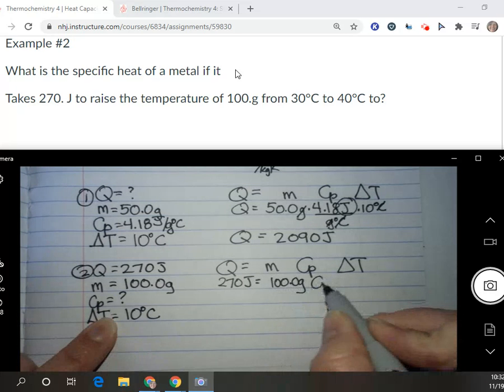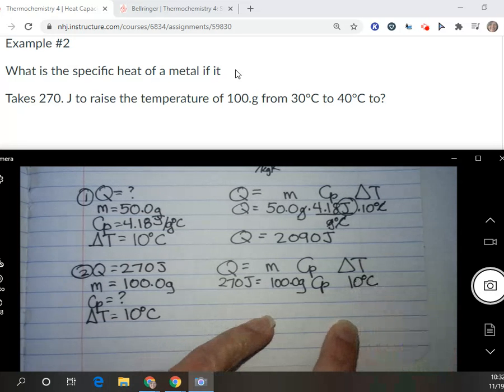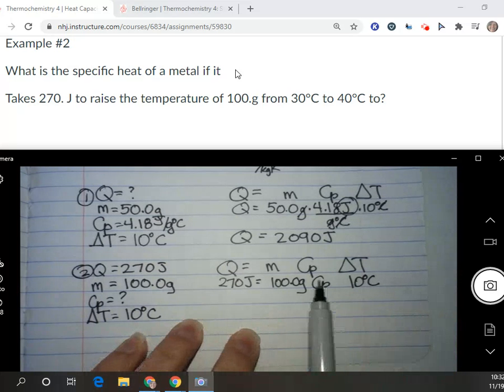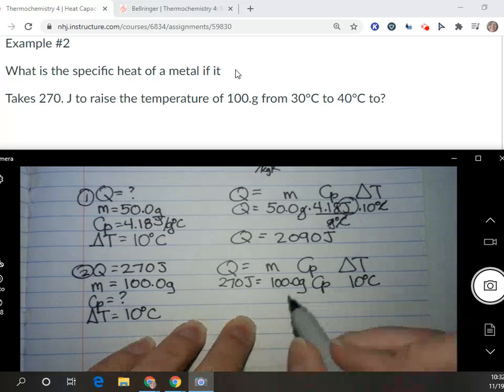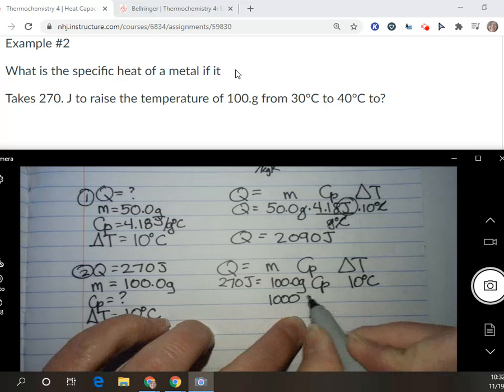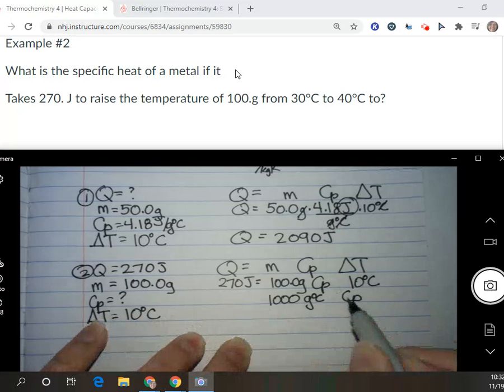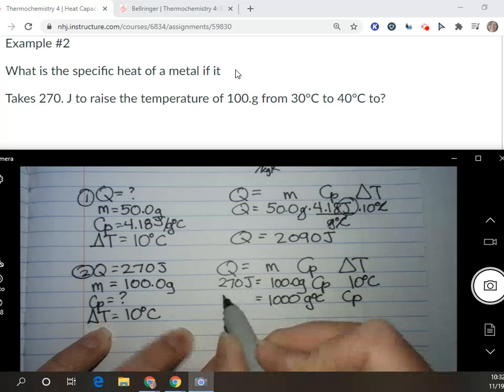I don't know my specific heat. All right, so first thing we got to do is multiply the numbers that we can multiply. So we'll have 1,000 gram degrees Celsius. And my CP, I didn't do anything with it because it's a variable that I don't know.